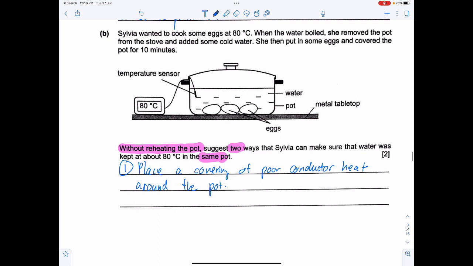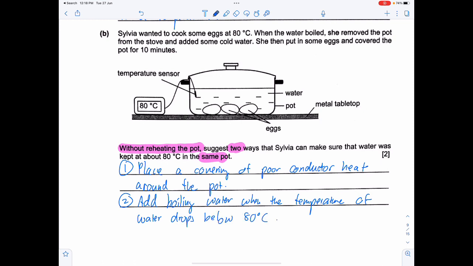The second method is add boiling water when the temperature of water drops below 80.